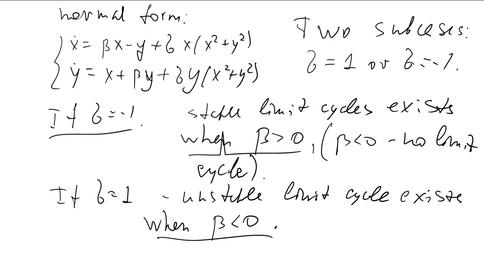So at the origin we have a spiral. Maybe I can illustrate it here. So there is a cycle, let's say stable, beta negative.